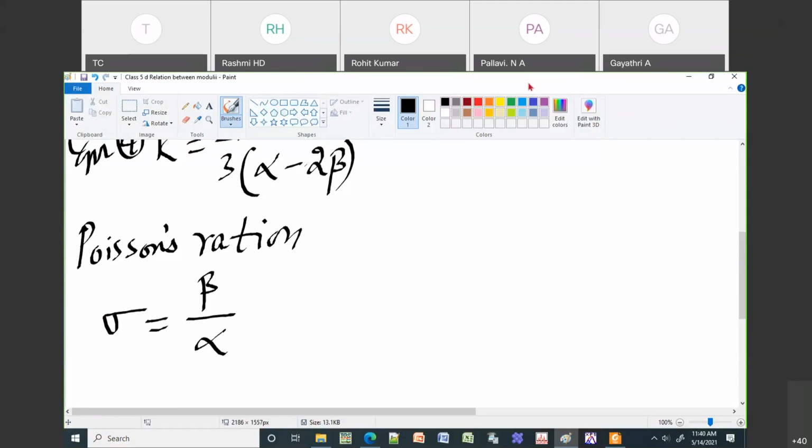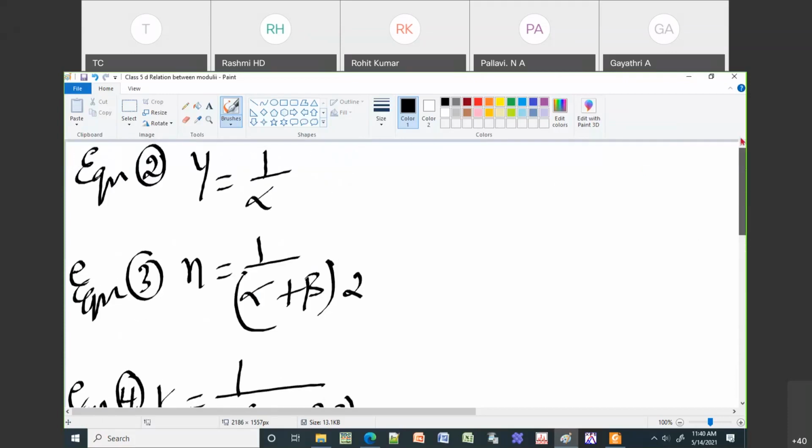This is a common mistake that a lot of times you do, most of you will do. It is reversed. It is lateral strain by longitudinal strain, beta by alpha. It's good that you are very active. Now we have to have the relations.